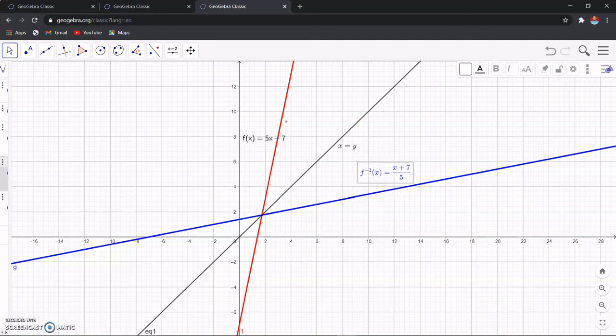Okay, (x plus 7) by 5, and the blue line is the graph of the function f inverse, and the line x equal to y is here passing through the origin. And again you can see that the graph of f inverse is the reflection of the graph of f about the line x equal to y. Okay, so that's how the graphs of inverse functions behave. They are mirror reflections of the graph of the function itself about the line x equal to y.